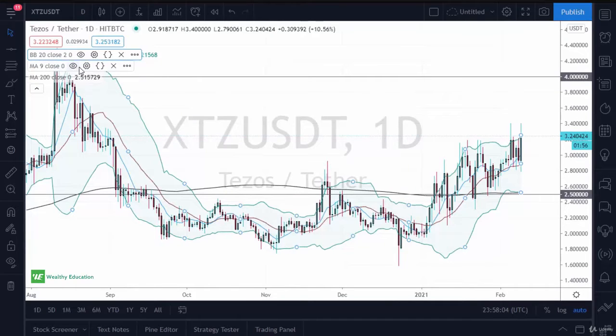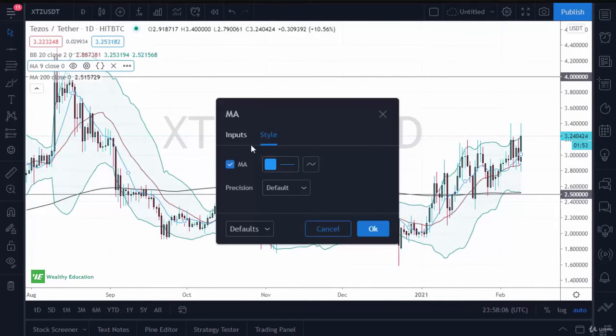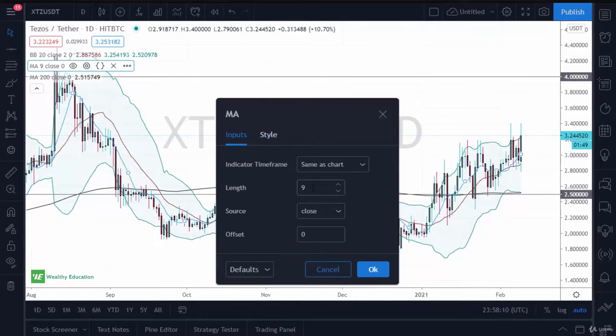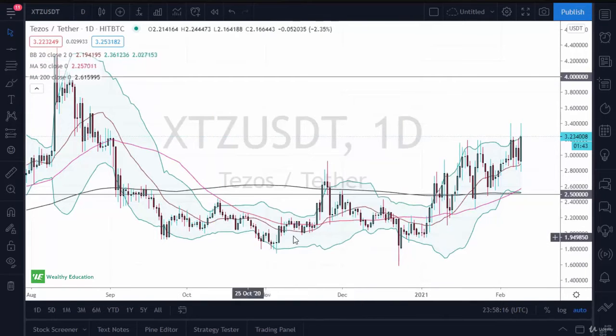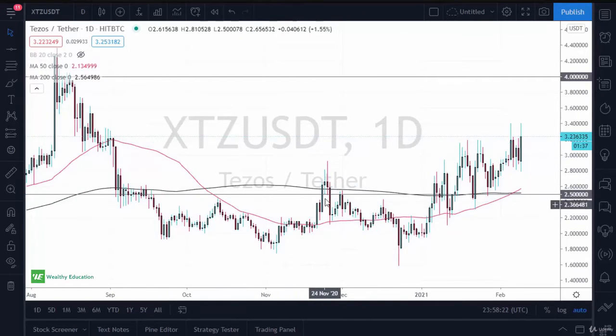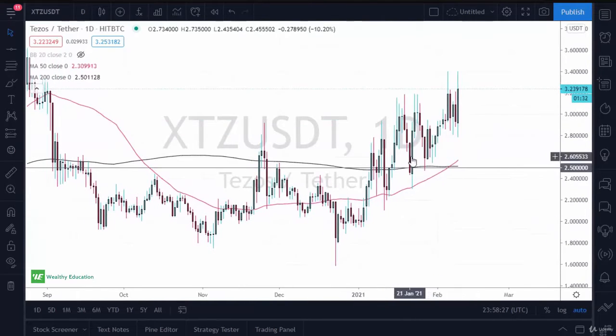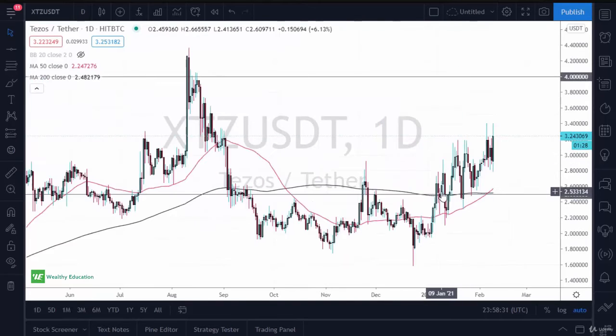Let's make that the 50. Let's make this red. There we go. So you can see the 50 kind of going sideways, but notice how, let me hide the Bollinger Band, notice how the 200-day EMA was respected. Now, as we have broken higher, we have just done the golden cross, so that might be something worth paying attention to.